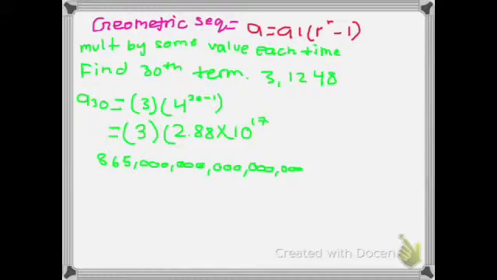So we're going to go based off of our equation for the geometric sequence, which is a_n equals a_1, and then you're going to plug the numbers in. a_n represents the last term, a_1 represents the first term, r represents the common ratio, and n represents the number of terms.